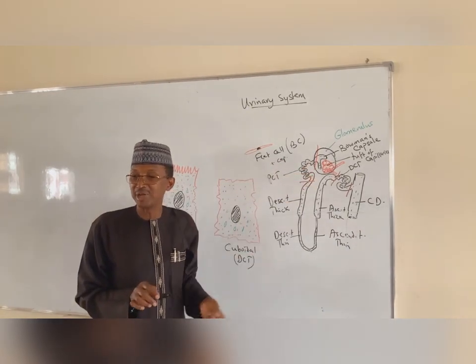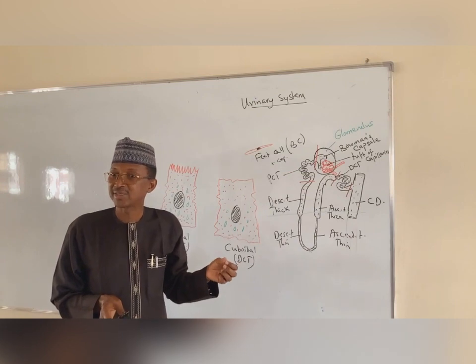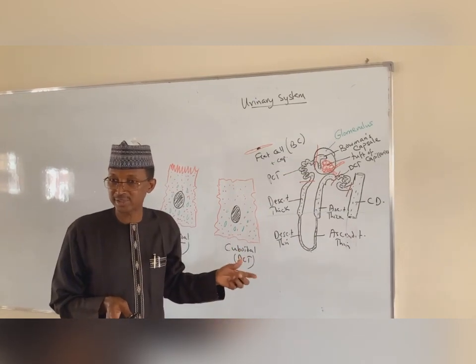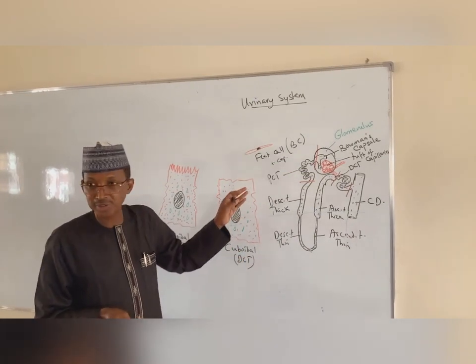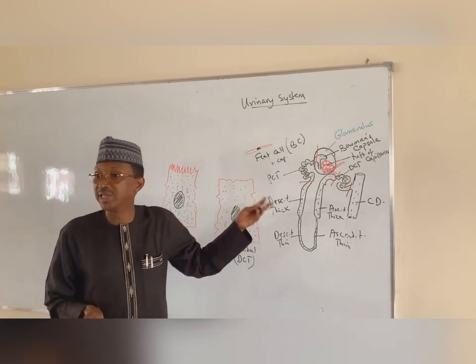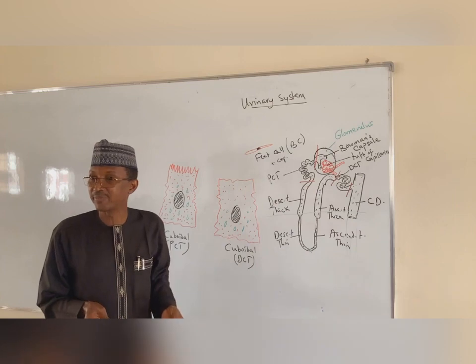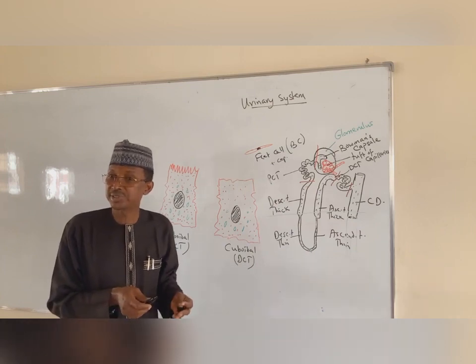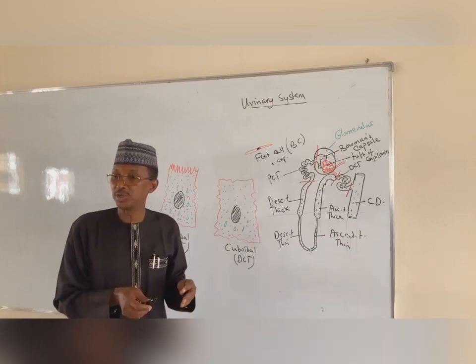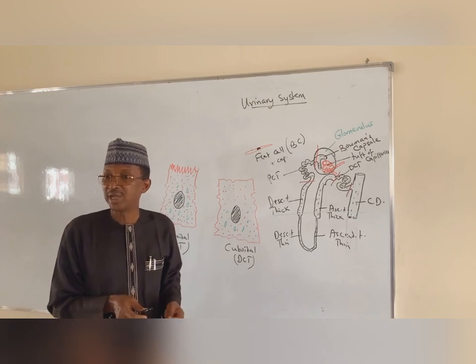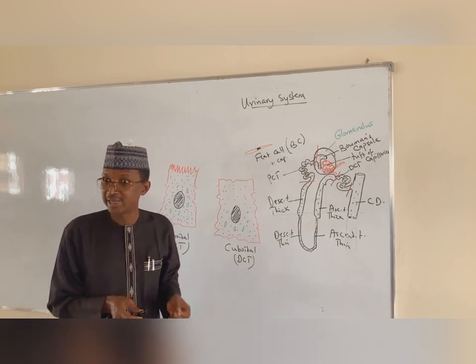It's made up of flat squamous cells, what we call endothelial cells. If you can remember, how many types of capillaries do we have? Three. We have continuous capillaries, discontinuous capillaries, and fenestrated capillaries.